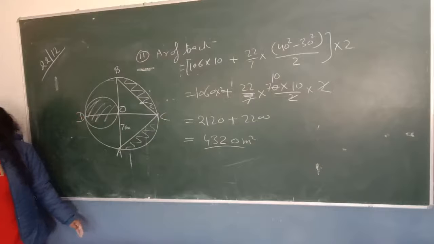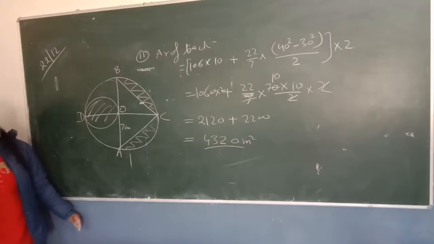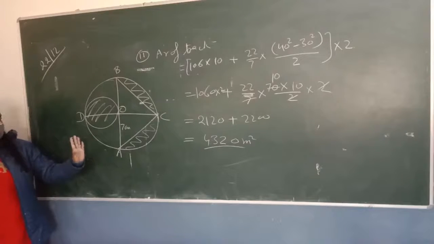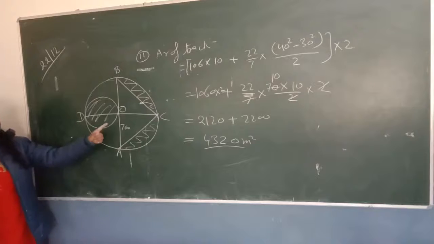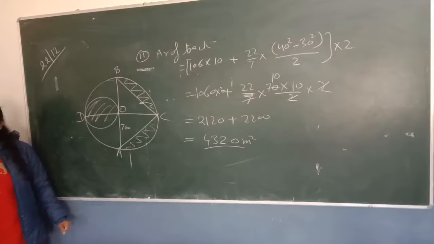Kashish, yes. Area of semicircle minus area of triangle. Okay. First we will find the area of the semicircle and then subtract the area of the triangle from it. What is the area of the triangle? What is the base for this triangle? 14, and height is 7.